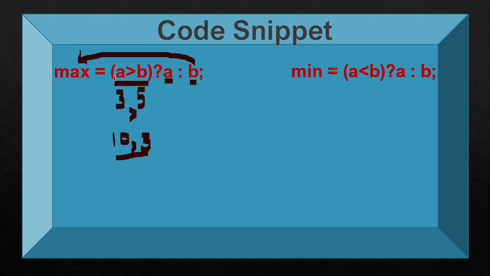In this case 5 will be stored, and in this case 10 is stored. Whatever the case might be, the max variable will be filled with the largest of these two.